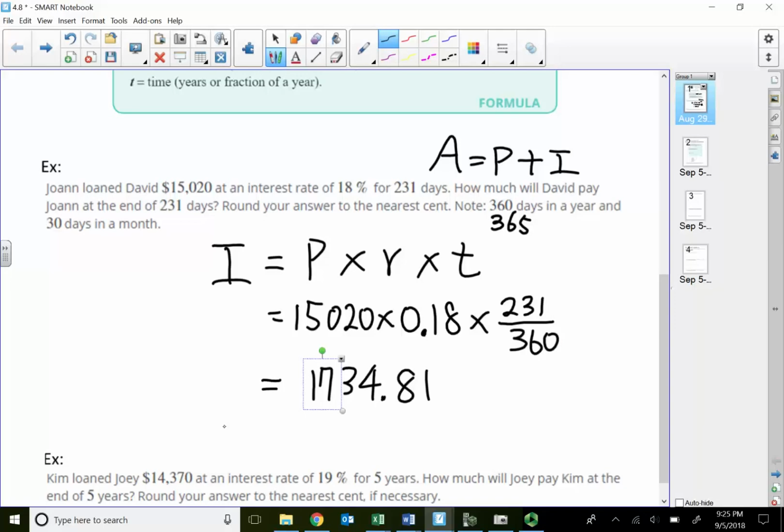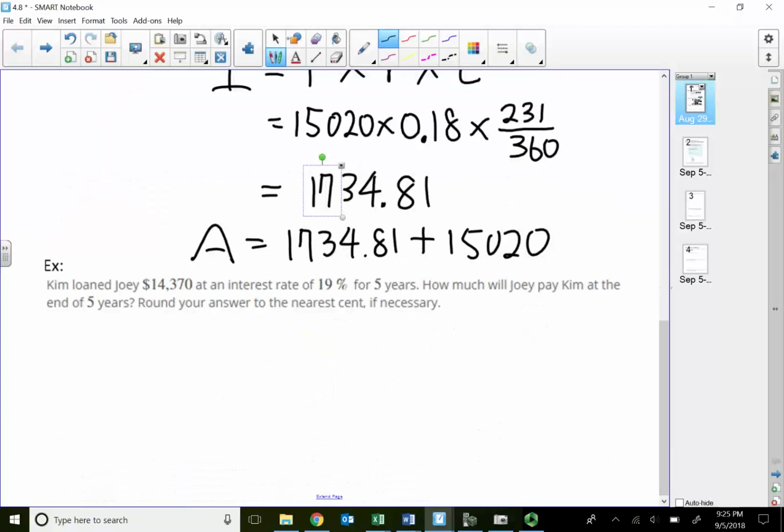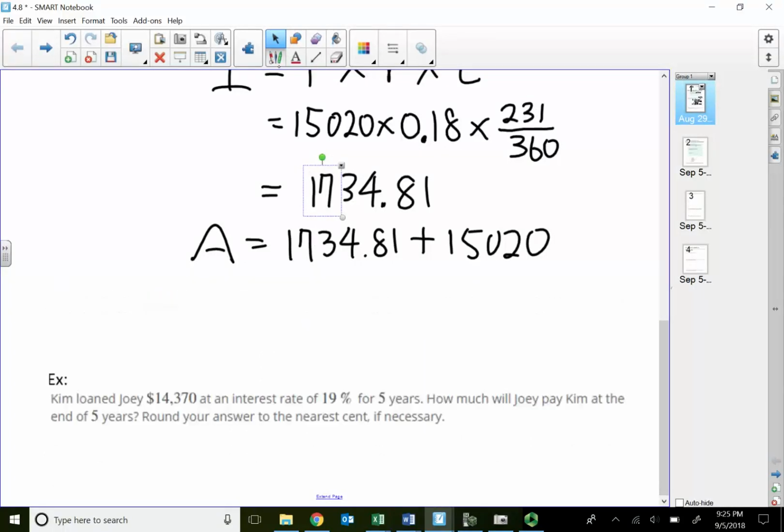So the total amount that he will pay Joanne at the end of the 231 days has got to be 1,734.81 plus what he borrowed, which is $15,020. And that would tell us exactly how much he will end up paying back.